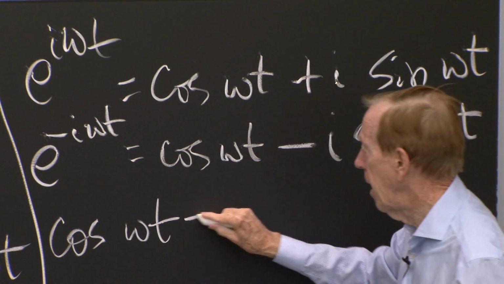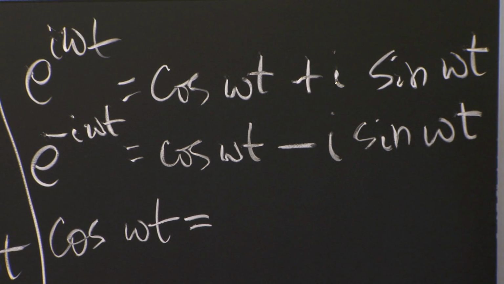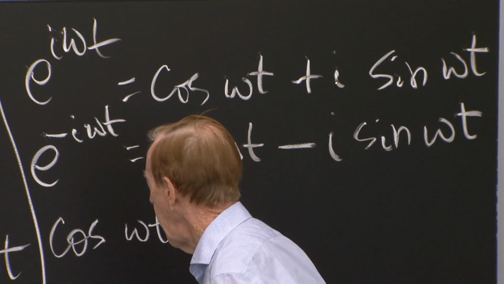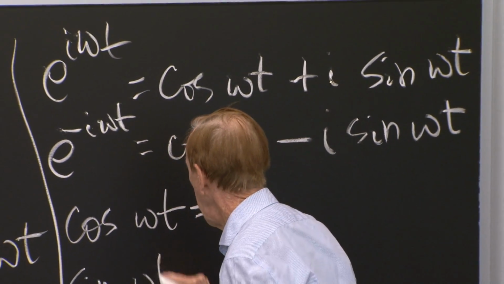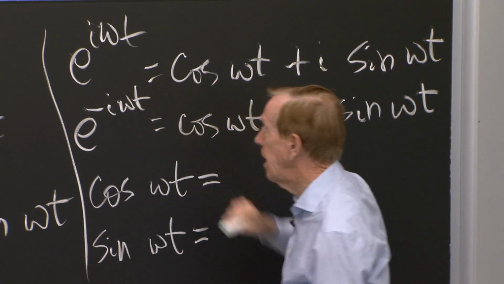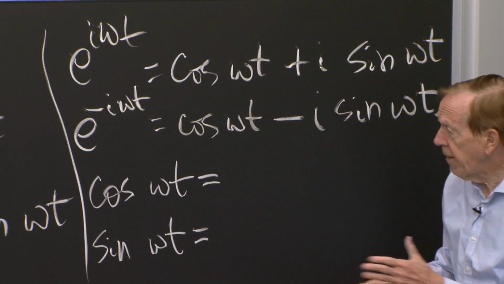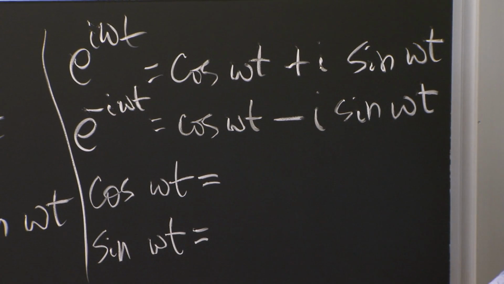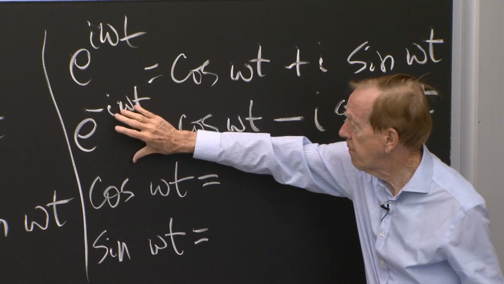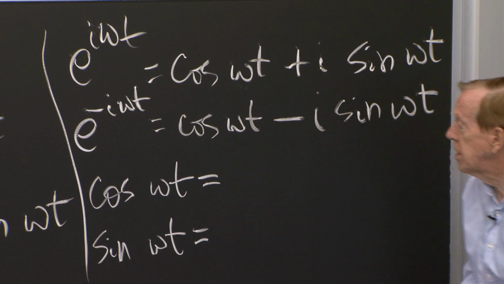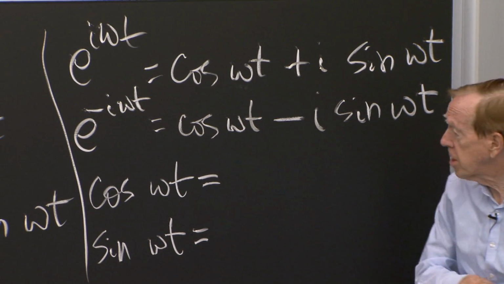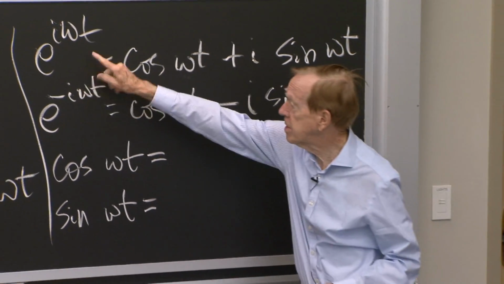So if I want to go in the opposite direction and write the cosine and the sine as combinations of these, just to show, if I've got combinations of one, I've got combinations of the other. Combinations of these are the same as combinations of those. So what is cos omega t in terms of these guys?